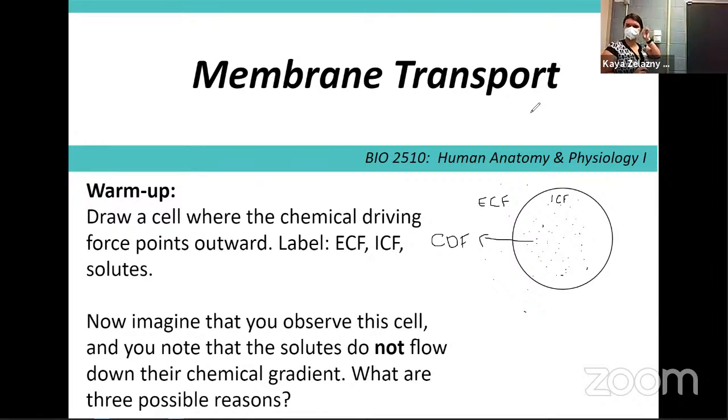So in this picture, we have a chemical driving force, but let's say we notice that our solute isn't flowing down the chemical gradient. What are some possibilities for this? Tell me a situation in which you think the CDF wouldn't direct the movement of our solute.